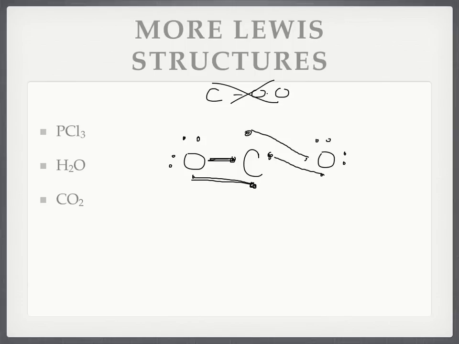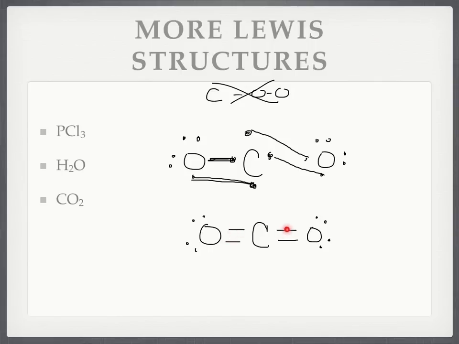And once again, rewrite this. Don't leave it like this. Okay. So oxygen is going to look like that. It's got 4 electrons that are not in bonds on each side. And carbon has all 4 of its electrons bonded now. So there's 4 electrons being shared here, 4 electrons being shared there.